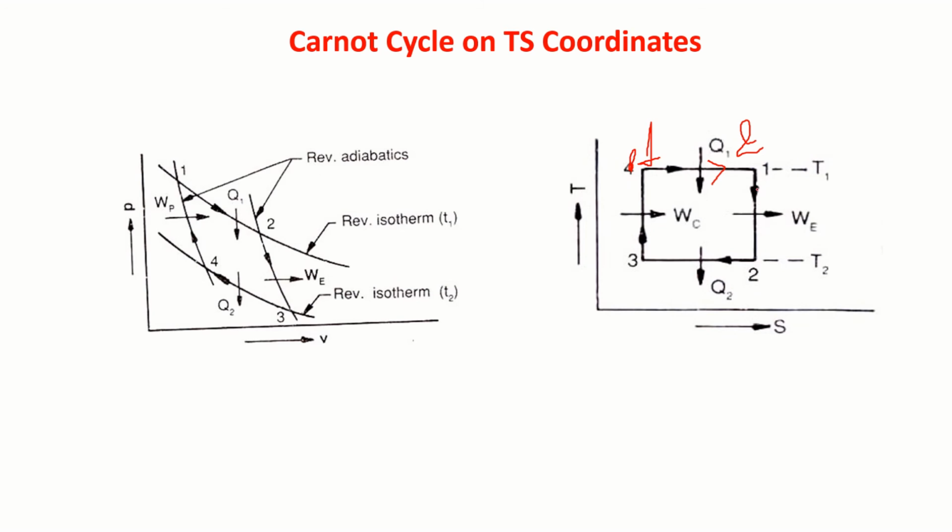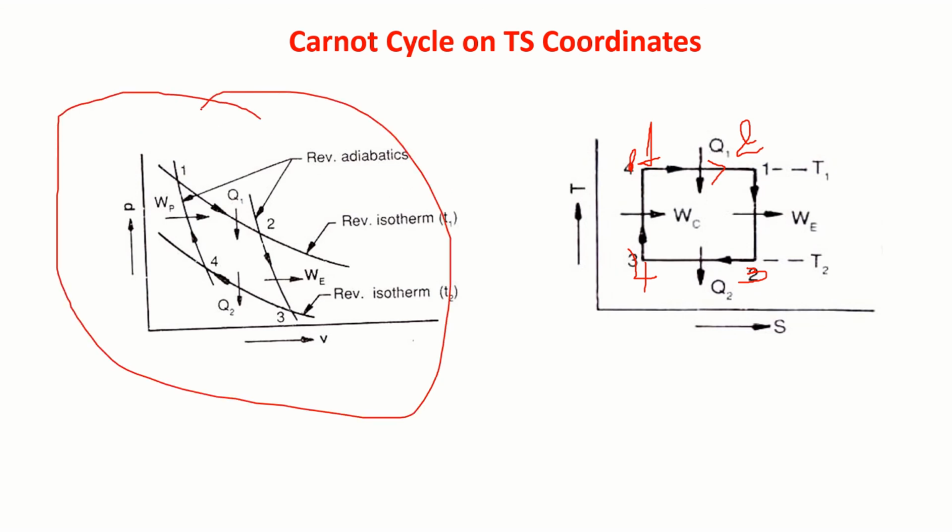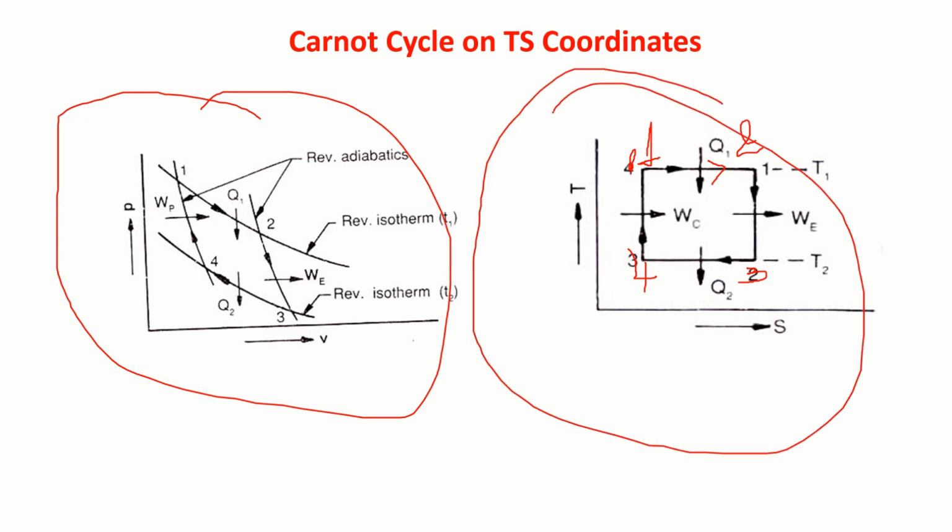Then this is 2 to 3, reversible adiabatic. Entropy is constant. 3 to 4, again isothermal. 4 to 1, again adiabatic. Entropy is constant. So please remember 1 to 2, 2 to 3, 3 to 4. Okay. So this is how we can represent the Carnot cycle on PV coordinates and TS coordinates.